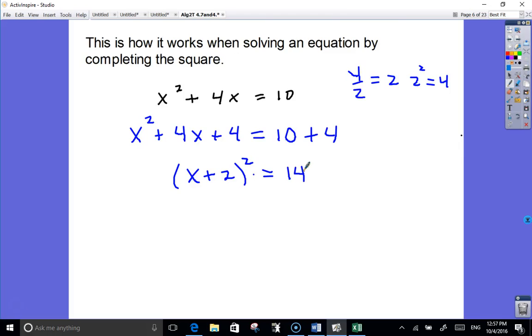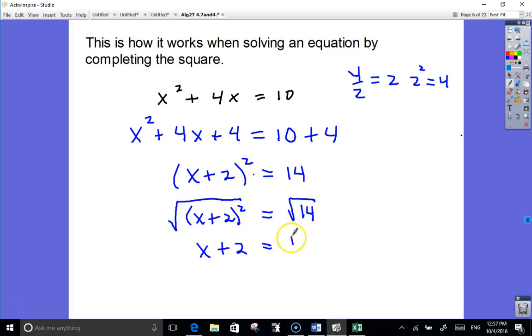So now we created that situation where we have a perfect square on one side that we can take the square root of in order to solve for x. So we do it. Take the square root of both sides. So we have x plus 2 equals plus or minus the square root of 14.